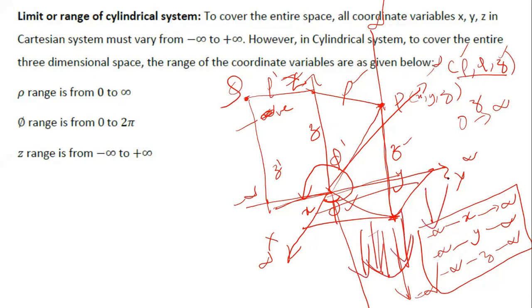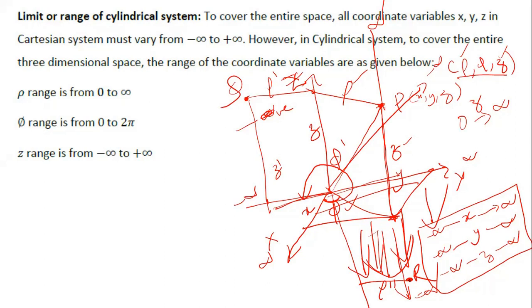So you have to extend z value from minus infinity to plus infinity. If you have a point here, let's say point R, the rho coordinate is simply the distance from the z-axis. So this is, let's say, rho double prime. So you simply have to measure the distance from the z-axis. There's no concept of a negative quantity for rho here. Rho will go from 0 to plus infinity in order to cover all the space.